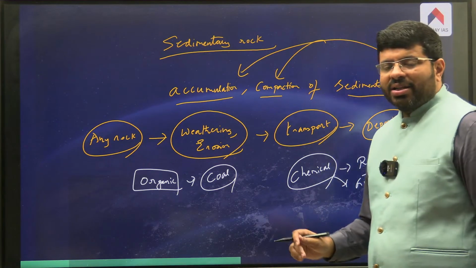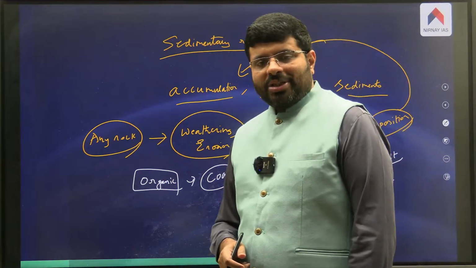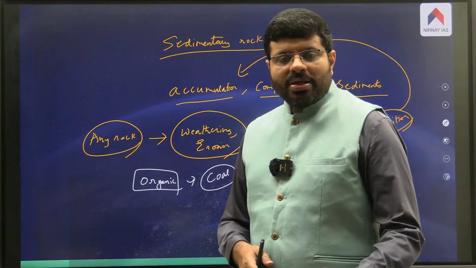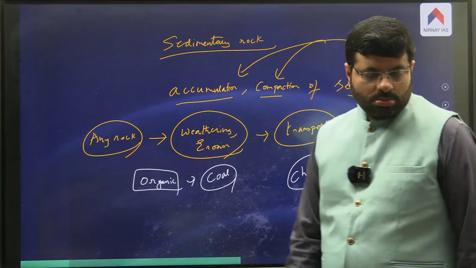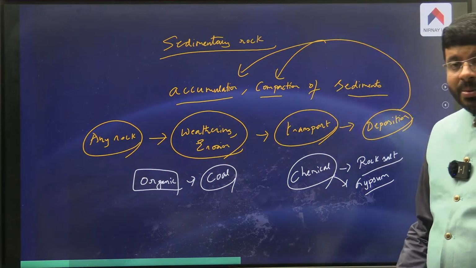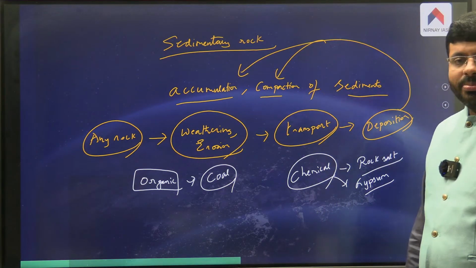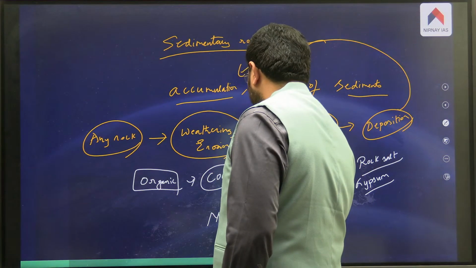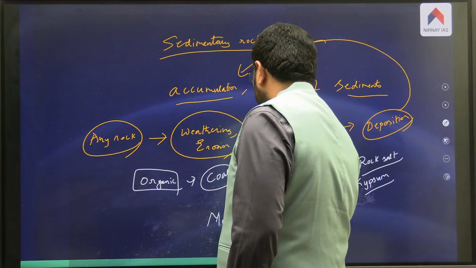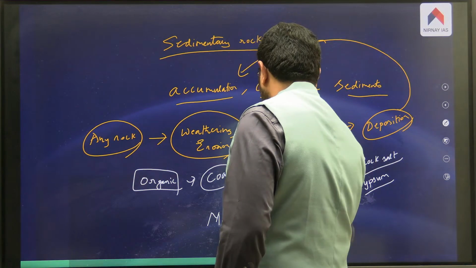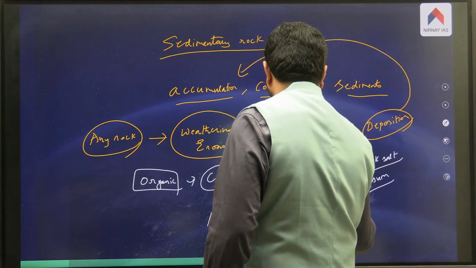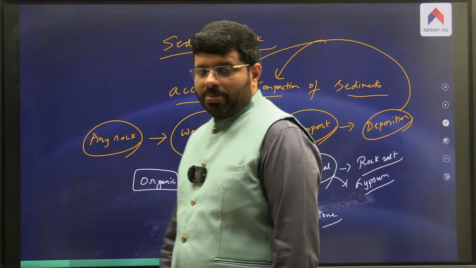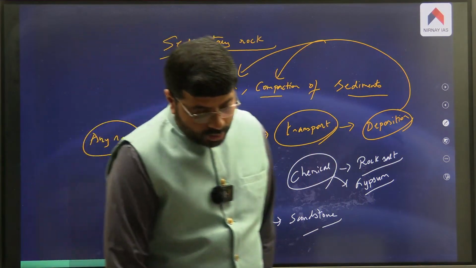Chemically, you are weathering down and dumping. That is also one type of sedimentary rock. Or fragments of the earth's crust can also be dumped, mechanically formed. Say like sandstone. That is also one type of sedimentary rock.